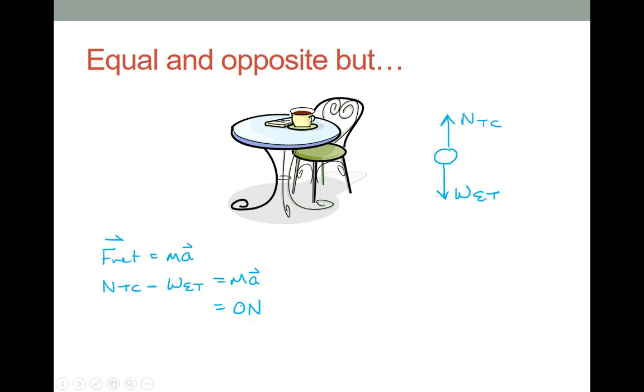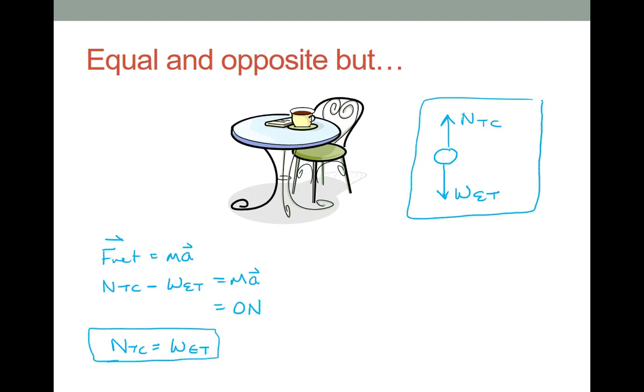It's just sitting there. In which case, the normal force will equal the weight force. Okay, so we have two forces. They are equal. They are opposite.